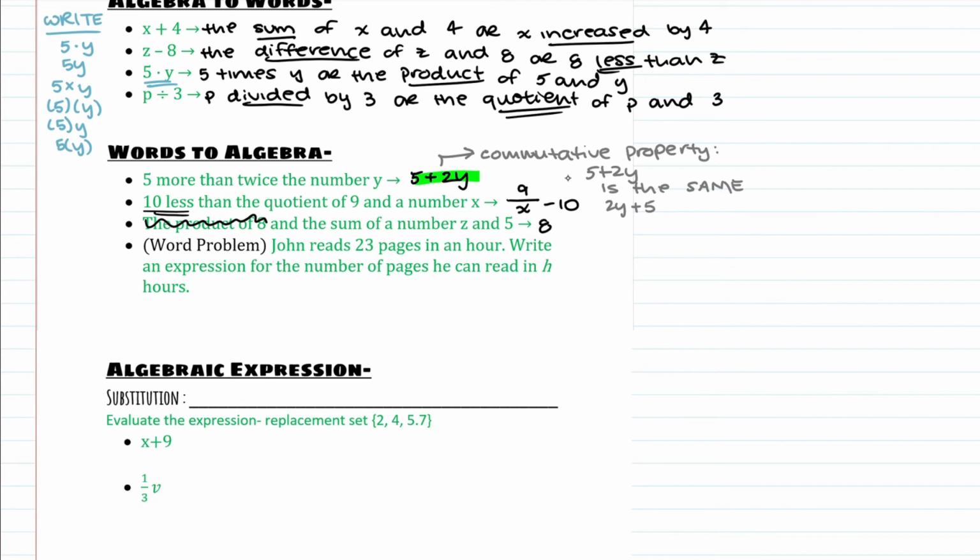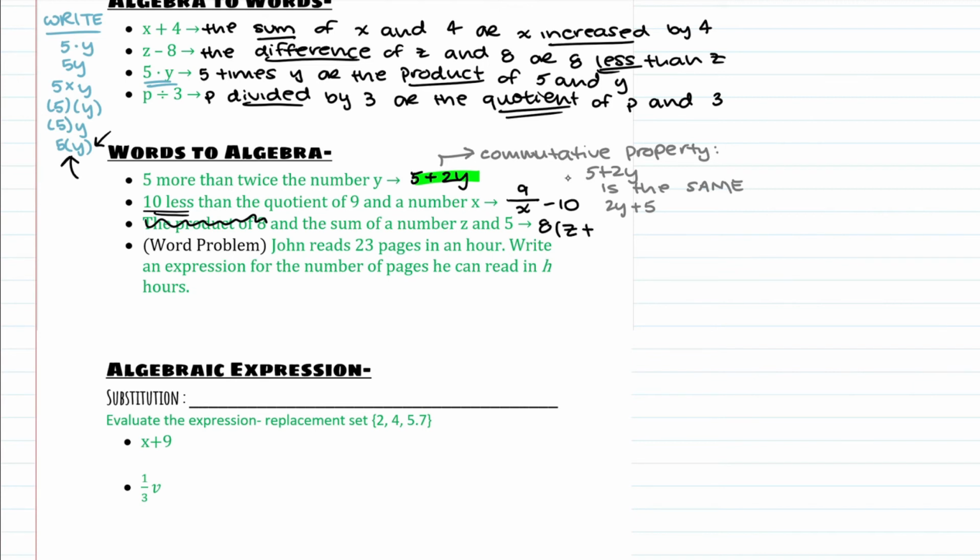So we know that 8 is being multiplied to something, so I'm just going to draw parentheses. Remember this? Right. So this is how I envision my answer is going to look. 8 times the sum of a number z and 5, meaning that z is added to 5.